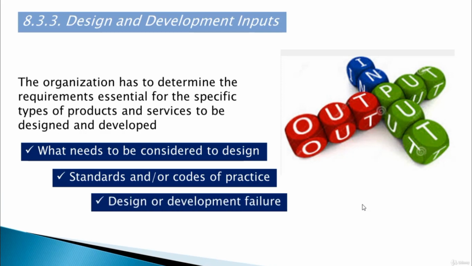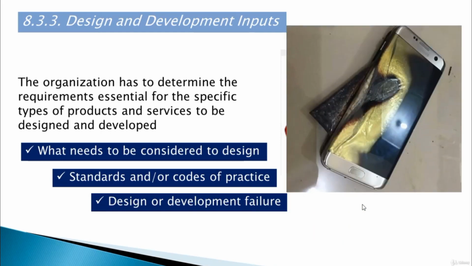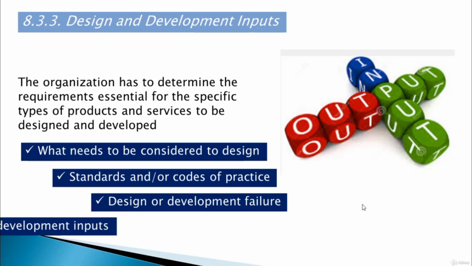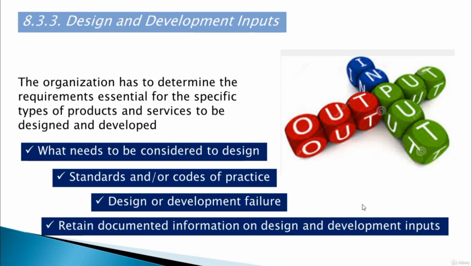The organization also needs to consider design or development failure. Take the example of the Samsung Galaxy Note 7, which heats up and burns. And of course all of this needs to be documented. So the organization needs to retain documented information on the design and development inputs.